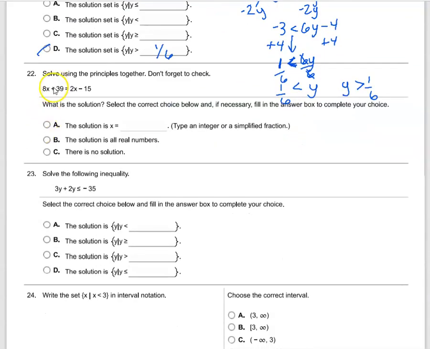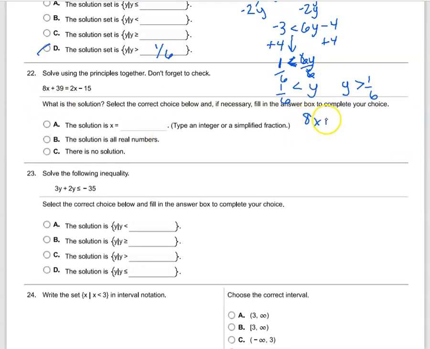Okay, number 22 says 8x plus 39 is equal to 2x minus 15. I would choose to subtract 2x from both sides. That's going to leave me with 6x plus 39 is equal to negative 15. Subtract 39.